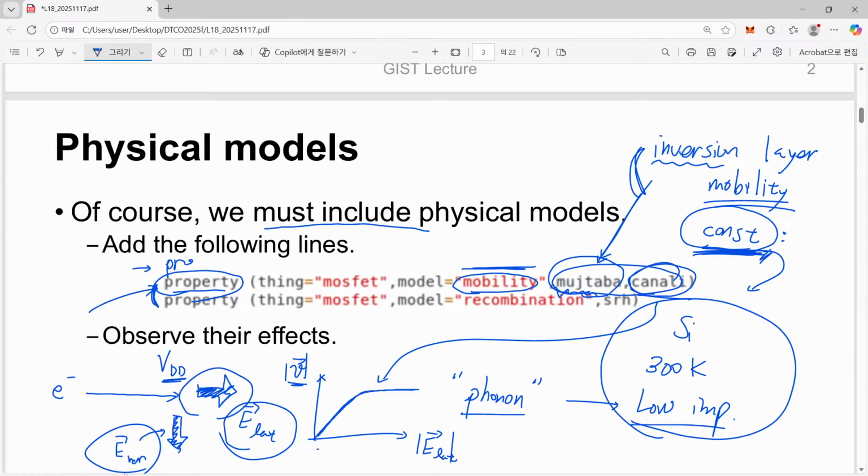When we have a relatively low electric field, then we have a well-known expression: velocity proportional to the electric field, and that proportional coefficient is called mobility. This is valid for this relatively low electric field region.